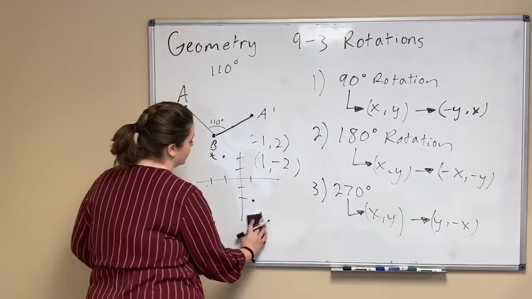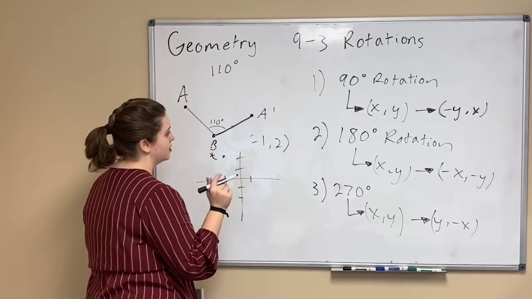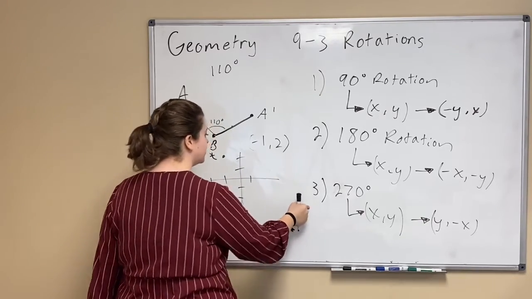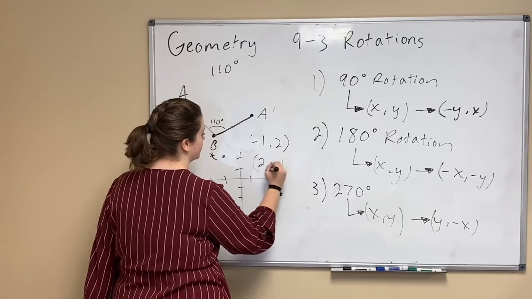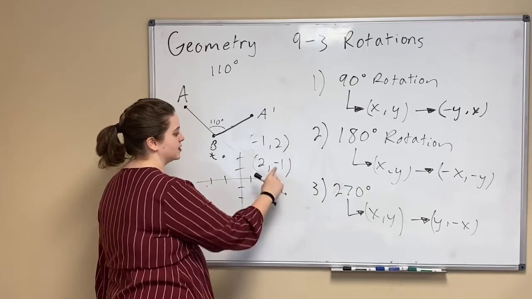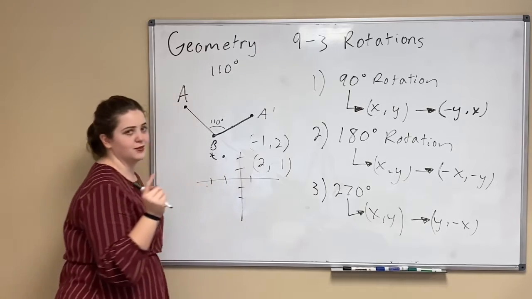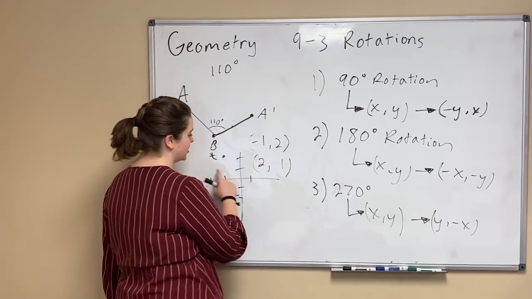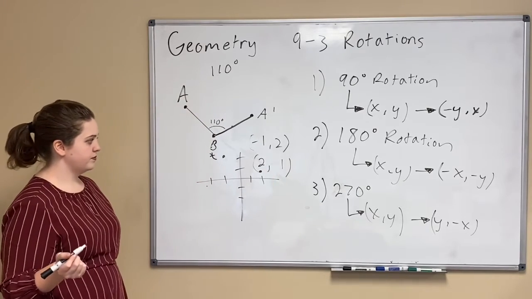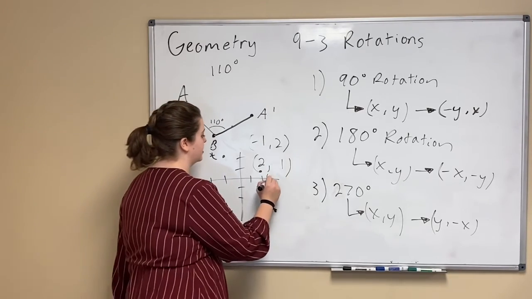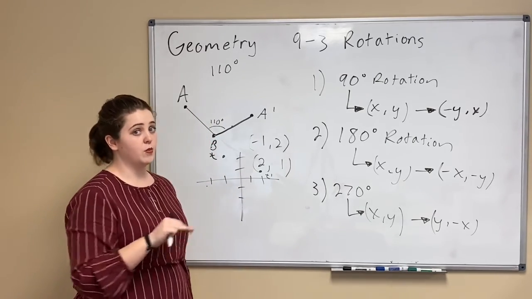So with our T over here at (-1, 2), to rotate it 270 degrees, I'm going to switch them to be 2 and -1, but I'm going to make x negative, and if I make -1 negative again, it just becomes +1. So our new T becomes (2, 1). And that's with a 270-degree rotation. And those are the only three that will be on your homework today.